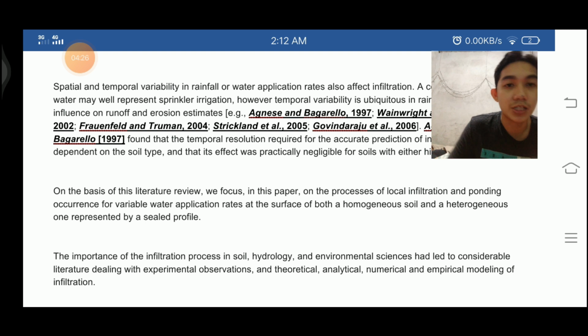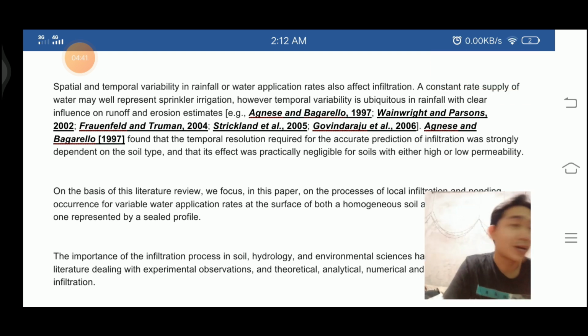The importance of the infiltration process in soil, hydrology, and environmental sciences has led to considerable literature dealing with experimental observations and theoretical, analytical, numerical, and empirical modeling of infiltration. Back to the topic of ponding time. As I have said before, ponding time is the period of time from the beginning of rainfall until the occurrence of ponding.